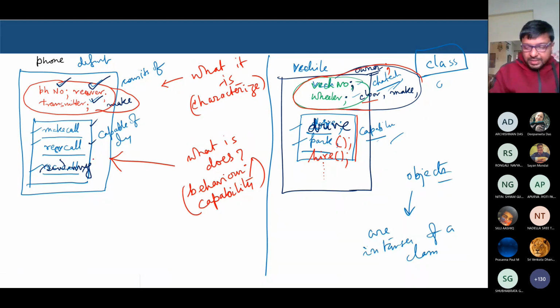So in general, this is a phone, and as you can see, when I define a phone, I am not defining a particular specific phone's features. Rather, the definition of a phone means I'm trying to define the characteristics and behavior of all the phones that I see, right?